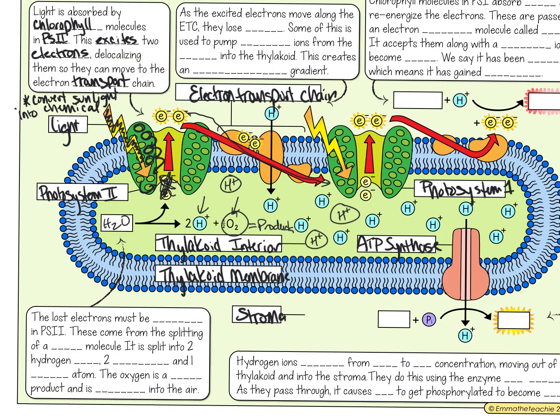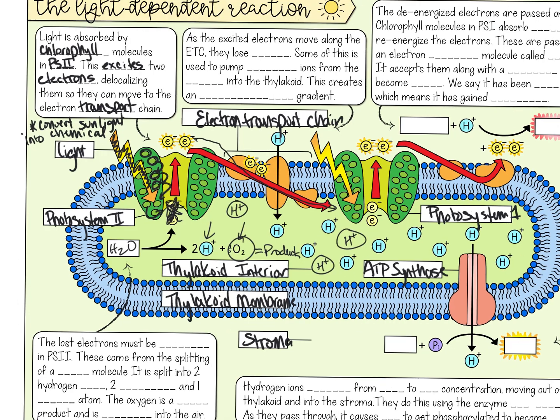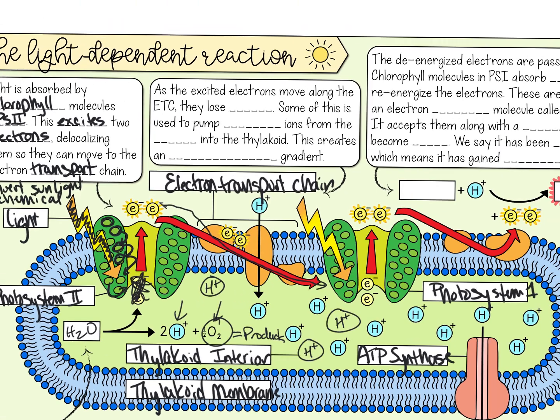So what else do we need to do here? All right. Well, we first have to make those high energy input molecules. So let's keep with the electrons. So far we just got excited by that sunlight, and so now we're going to go down this electron transport chain. So as the excited electrons move along the ETC, they lose energy. Okay?